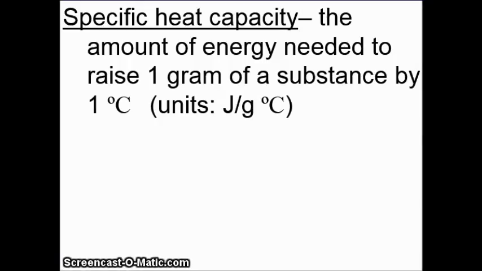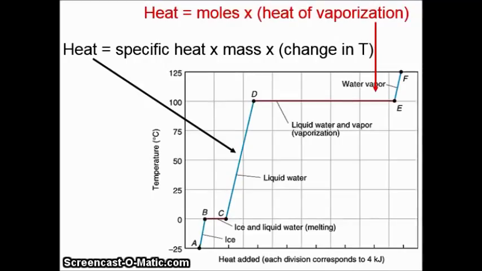So if we look at a heating curve, we can see that we have specific heat right here. How much energy does it take to heat up this ice to its melting point? Once it gets to the melting point, the heat is converting the ice into liquid water, melting it here. That would be the heat of fusion.